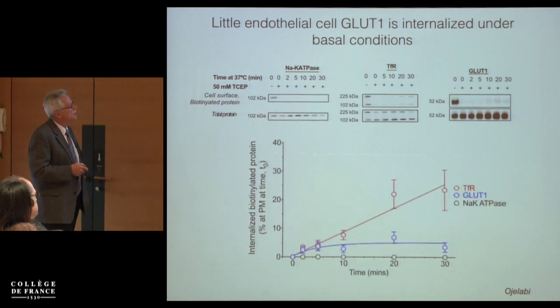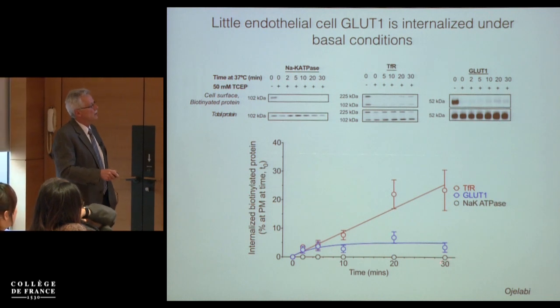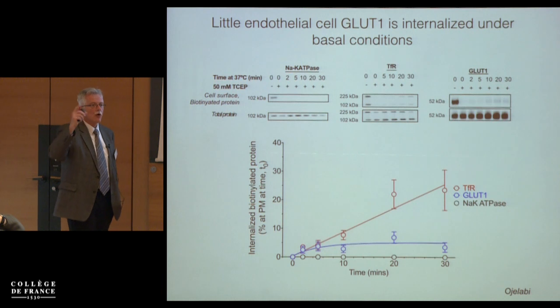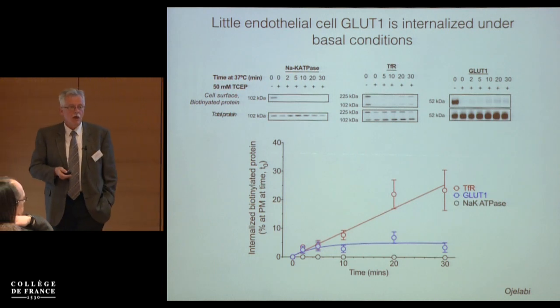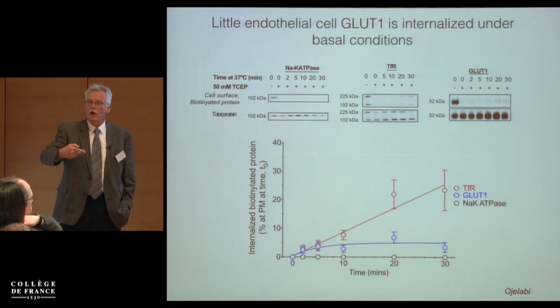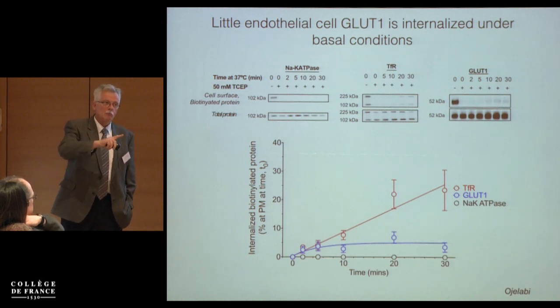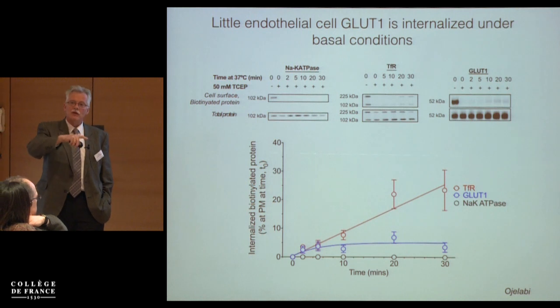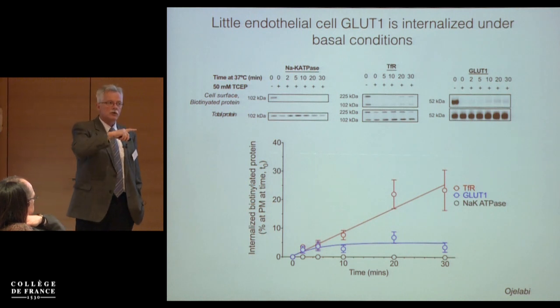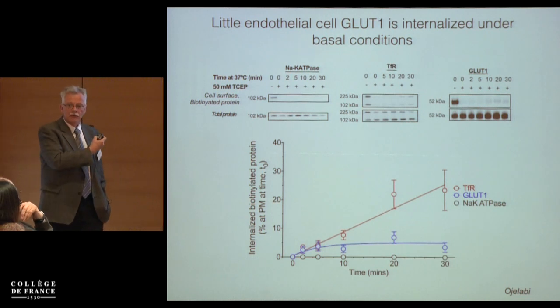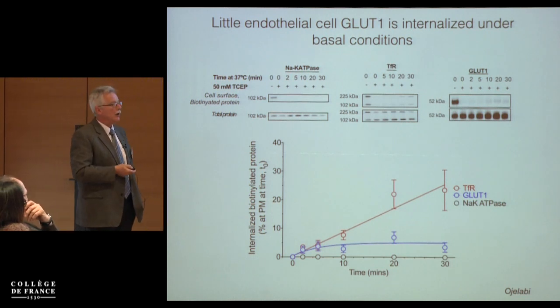So if we quantitate these, we see no sodium-potassium ATPase is internalized. A tiny amount, about 4-5% of GLUT1, is internalized. Transferrin just keeps turning over in these cells. So we think there's very little internalization of GLUT1. Therefore, we believe, though we haven't completed the experiments yet, that the effect of metabolic depletion on cell surface GLUT1 levels must be due to externalization of intracellular GLUT1.